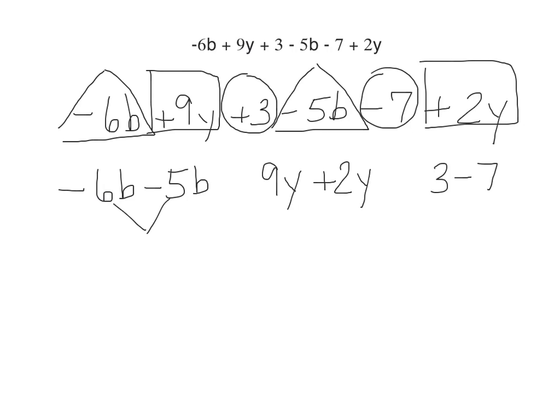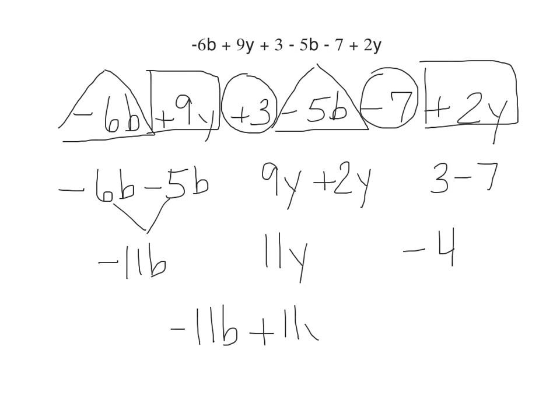Negative 6 minus 5 gives me negative 11b. 9y plus 2y gives me 11y. And 3 minus 7 gives me negative 4. And then just combine them all together. So I have a negative 11b plus 11y minus 4. And you're done.